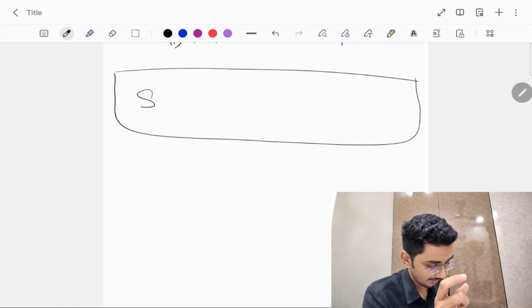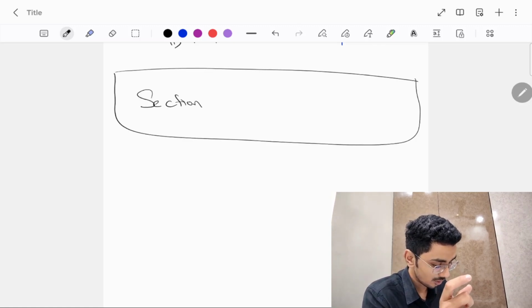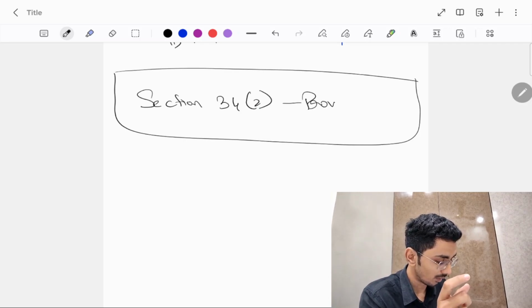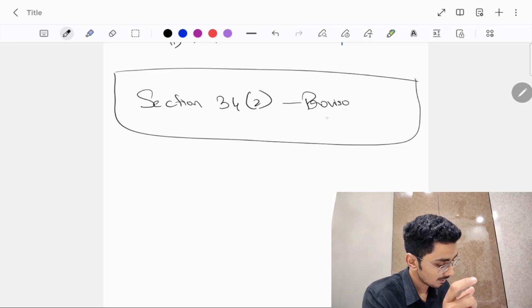I'll just write here section 34 subsection 2 proviso amendment.